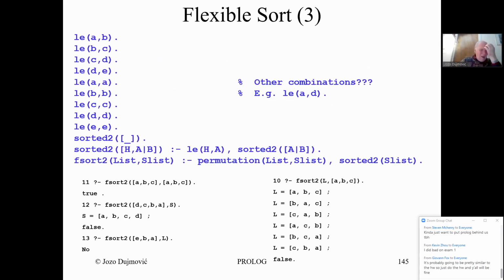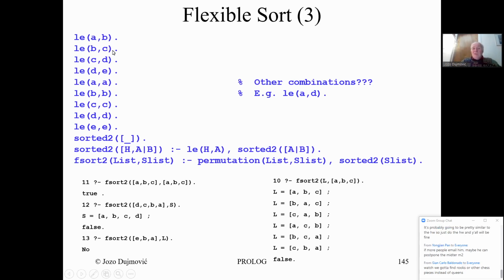Now, how to deal with atoms that are not numeric? So if you want to sort A, B, C, D, or Coke, wine, beer, and similar things, you have to teach PROLOG what is less than or equal to. So you have to say A is less than B. So this is the fact.